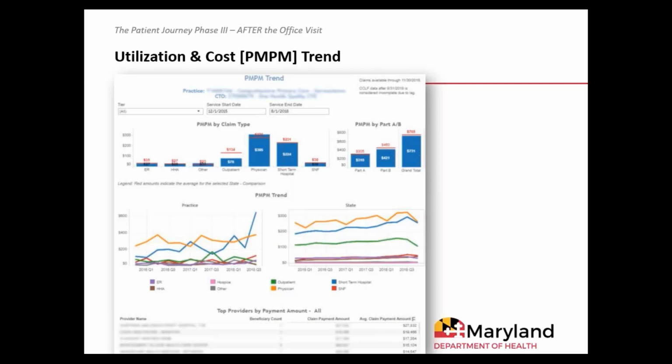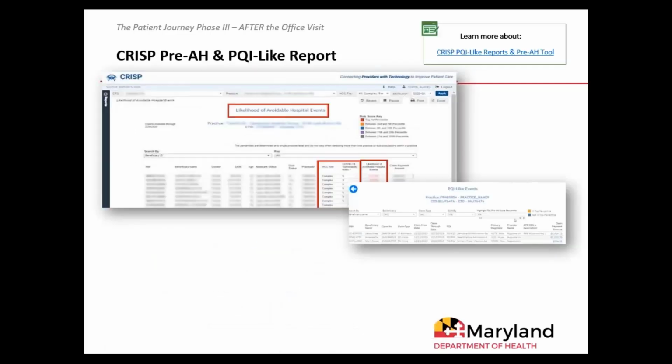For example, if you started in Q1 of 2019 and you see your ED utilization and inpatient was so high, but you had different PDSAs and tests of change that you had put in place, following up with patients, providing longitudinal care management to best manage their conditions, then you can appreciate the results when you see, three quarters later, a downward trend in the patients. Okay, now it's not a one-for-one correlation, but again, just to at least give you some way to see the impact of the work that you're doing.